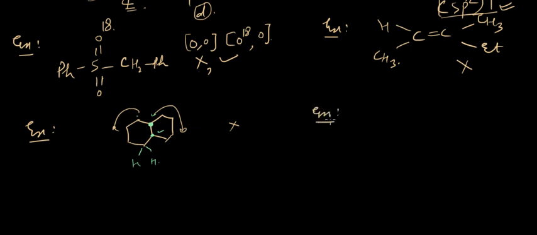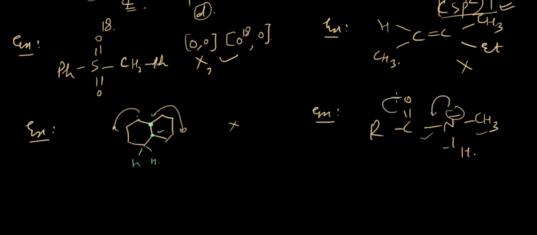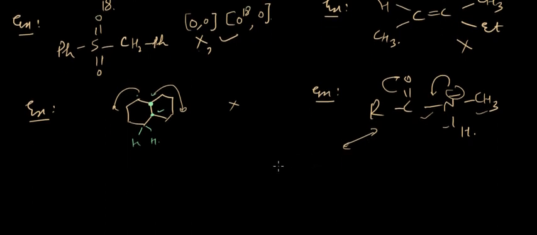Now let's see whether this can qualify for our definition of a chiral center. You can see that this group and a lone pair are different groups on nitrogen, but this can get involved in resonance with oxygen and form a resonating structure with a minus charge on oxygen and a double bond here with a positive charge on nitrogen.